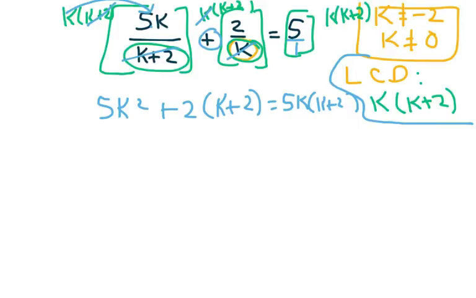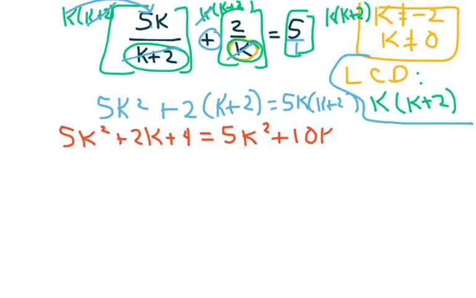Now simplify everything, and we're going to get 5k squared plus 2k plus 4 equals 5k squared plus 10k. Now what happens when you subtract the 5k squareds from both sides?